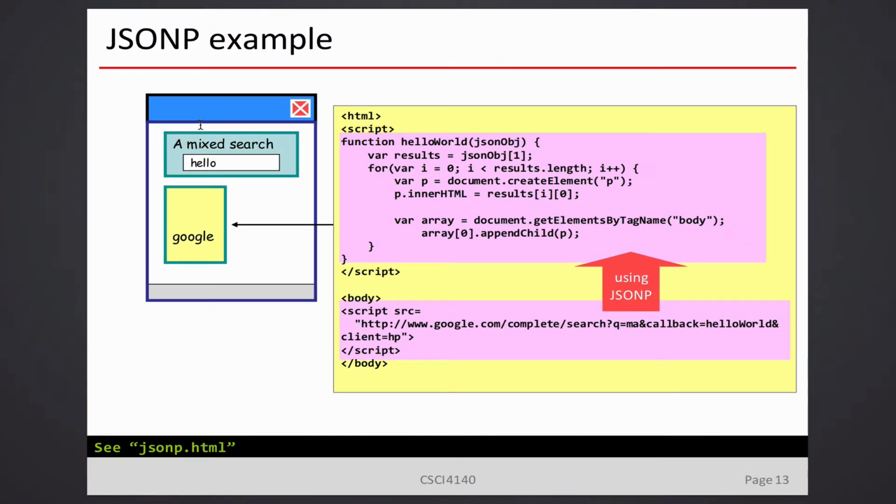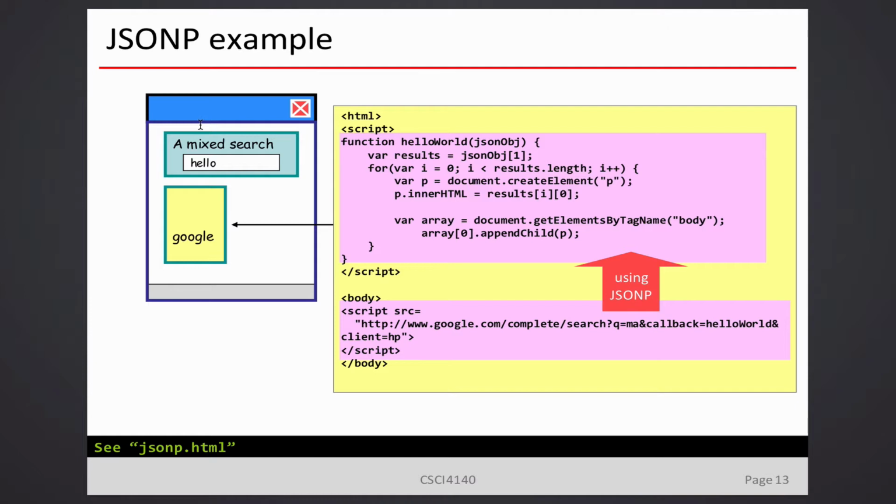So here is the entire HTML document. I just simplified it, and here is what I created. I say, please call the Google autocomplete servers, and I treat it as a script tag.